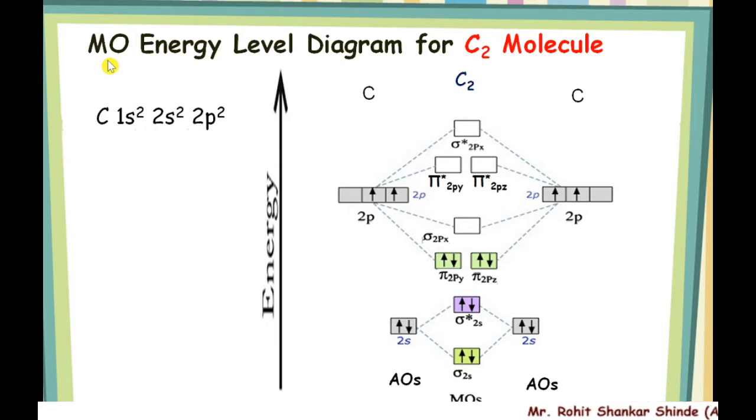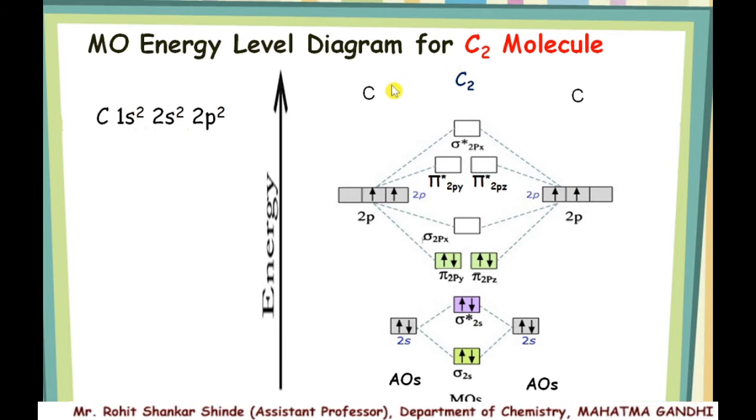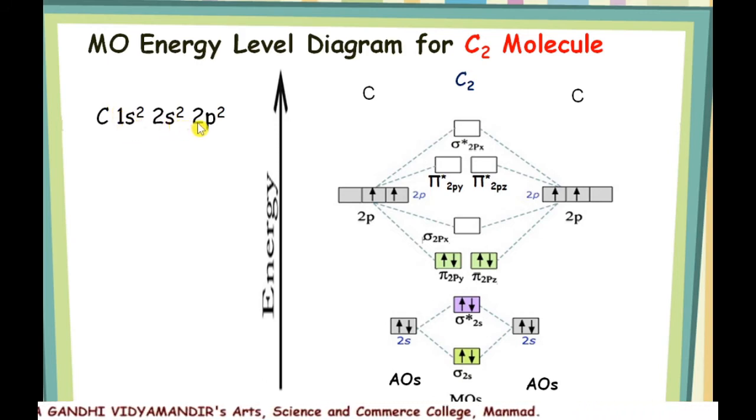Let us see the MOT diagram for the C2 molecule. The C2 molecule is formed by the combination of two carbon atoms. Each carbon atom has the electronic configuration 1s2, 2s2 and 2p2. The 1s orbital is lower in energy, so it does not take part in bonding.